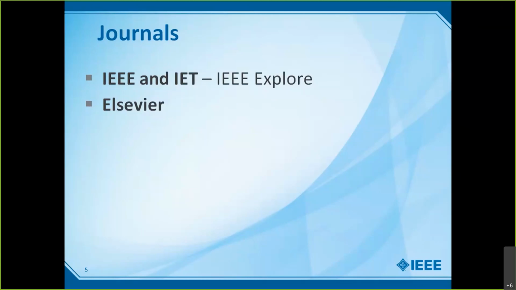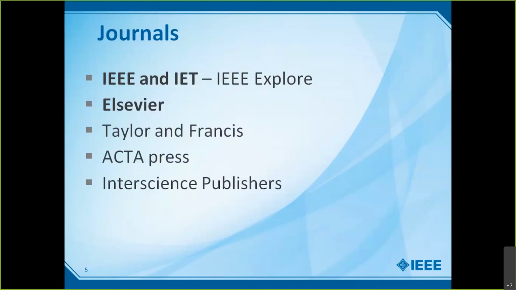I wish all the participants be able to publish at least one paper in the IEEE transactions. But this also maybe goes along with that, or maybe at least in the next level. Then comes Elsevier, the Science Direct. Then you have so many other publishers, Taylor and Francis, Acta Press, InterScience Publishers, and many more.